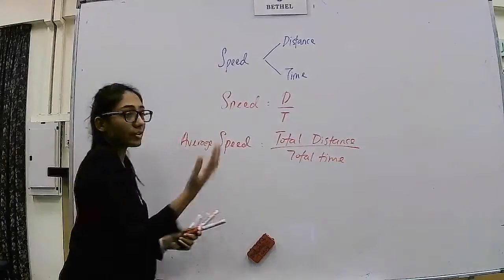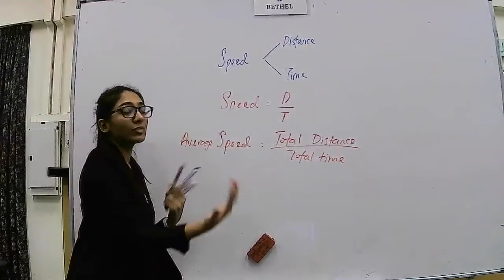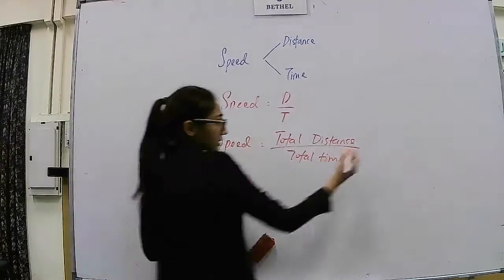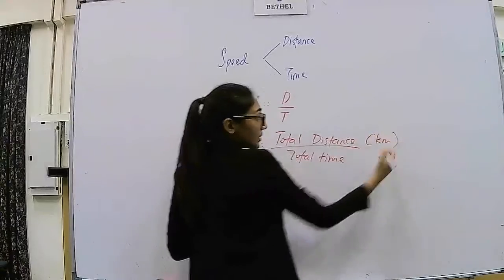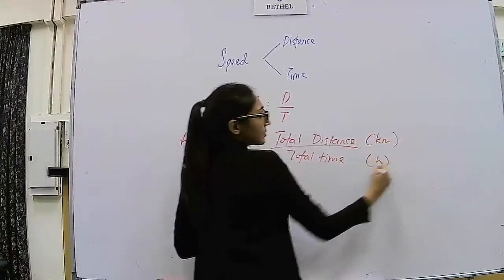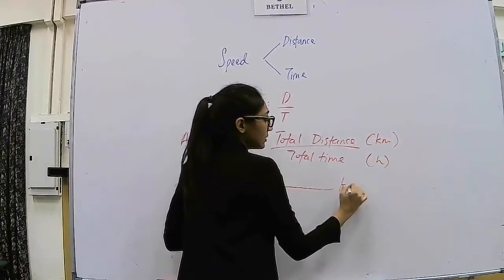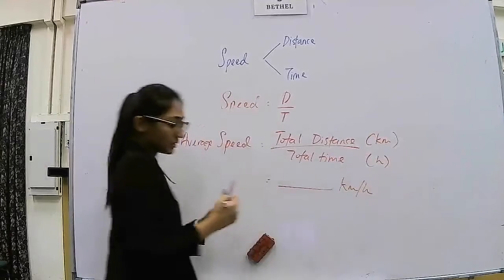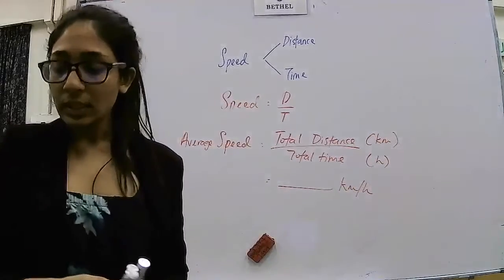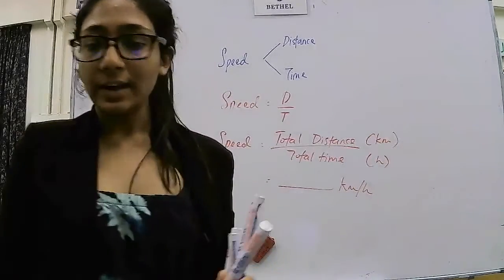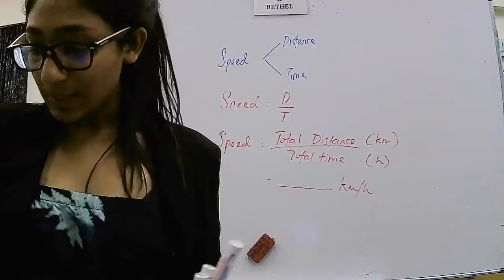That's why we look at the average. In that whole journey, what is the average speed? So I take the total distance, usually longer, in kilometers, and the time, so I will have kilometers per hour. So that's speed, and then I have average speed.